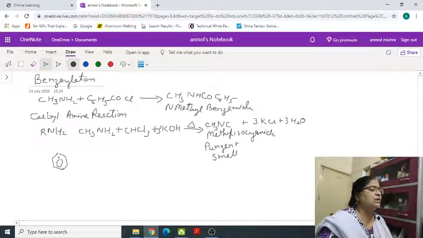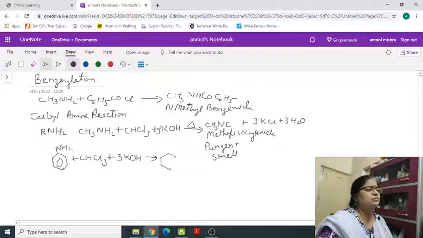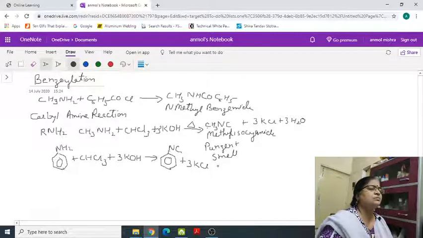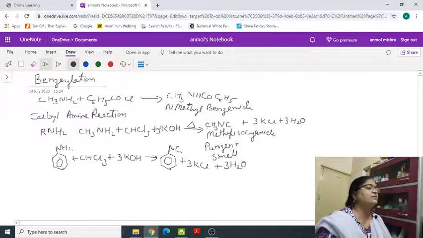This reaction will be given by aniline also. Next is reaction with nitrous acid.